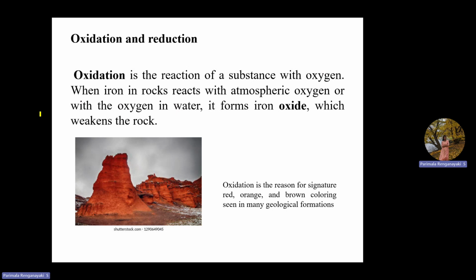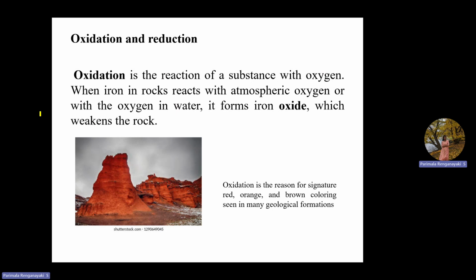Now let us see another kind of weathering, oxidation and oxygen reduction. It is the interaction of oxygen and the rock: oxygen in the atmosphere and oxygen in the water, or oxygen in the soil and the top layer. Oxidation is the reaction of a substance, here the rock, the reaction of minerals with oxygen.